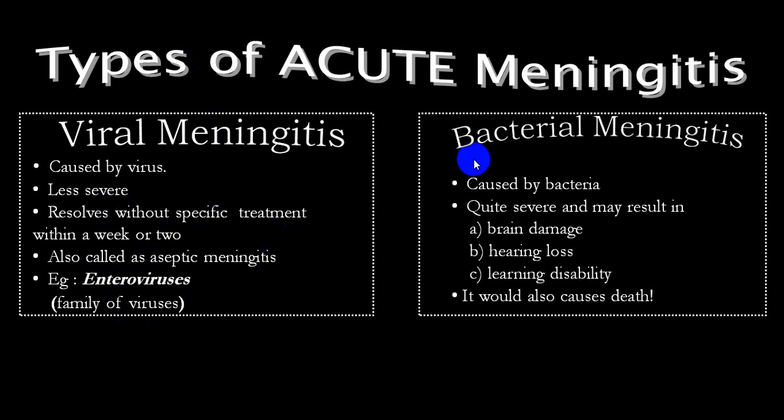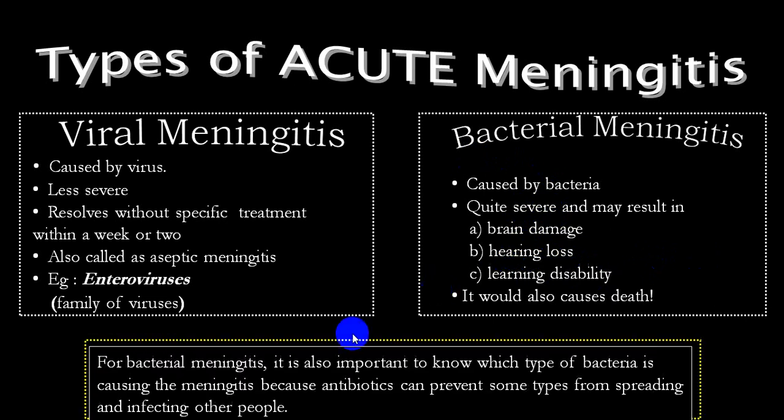While among bacterial infections, it is usually severe. It ends up very frequently with brain damage and neurological symptoms and signs with raised intracranial pressure, etc. So bacterial meningitis is more dangerous than viral meningitis.